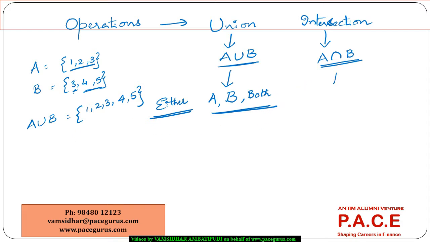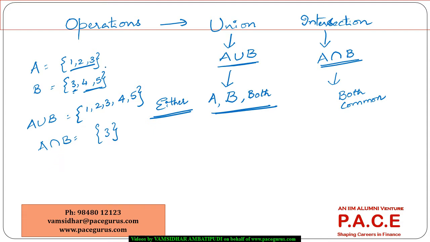But when I'm talking of A intersection B, it is talking about only the commonalities between A and B. That is what is considered under A intersection B. So in this case, A intersection B will be only one element, 3, because that is the one present in both of them.